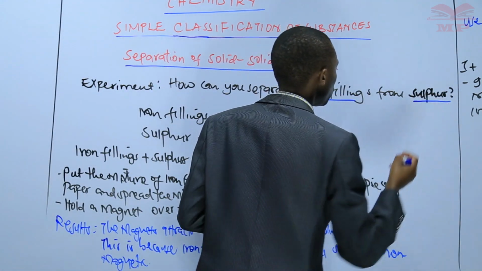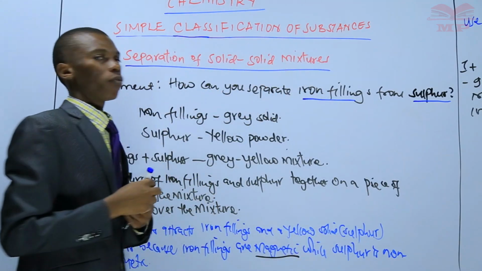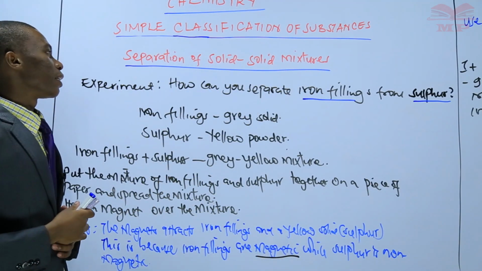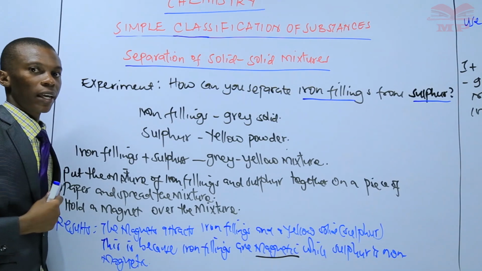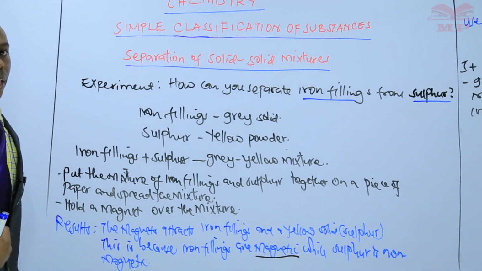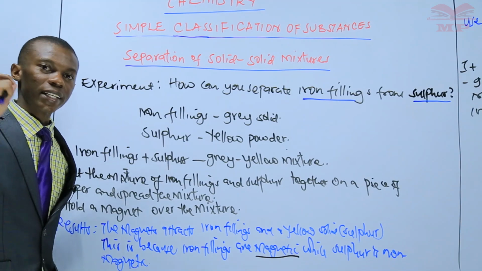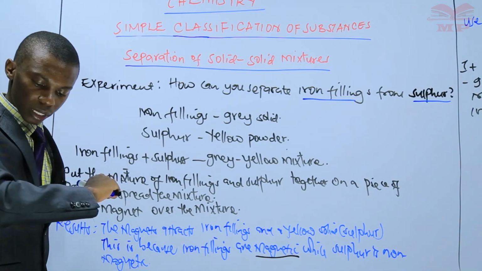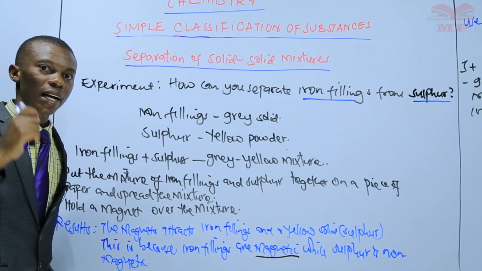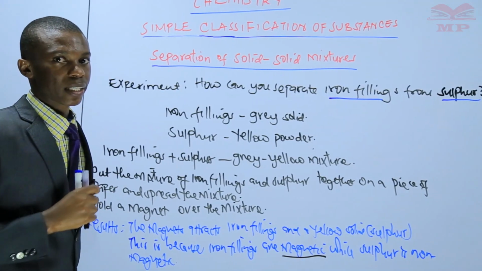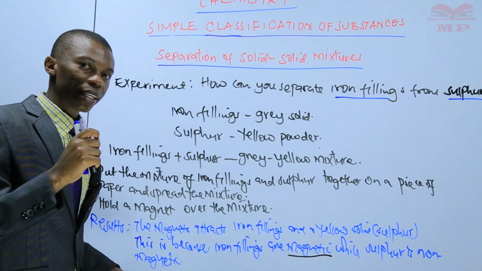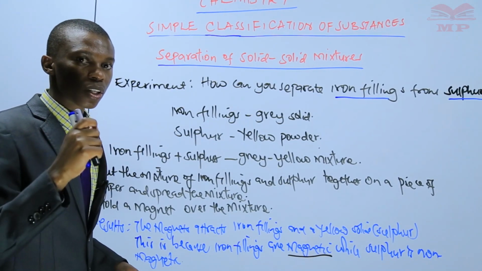How can you separate iron filings and sulfur? I started by telling you that iron filings is a gray solid, just like my coat, and sulfur is a yellow solid.